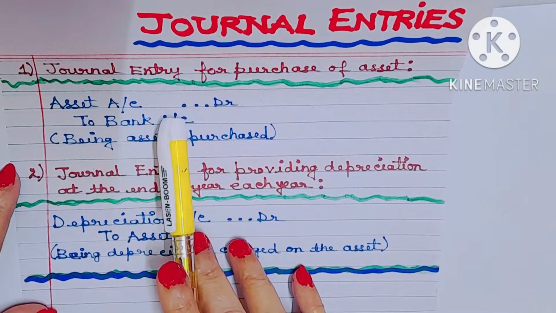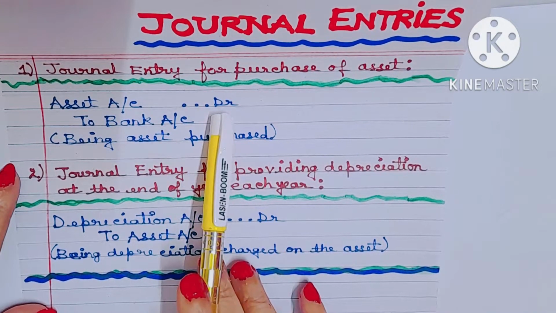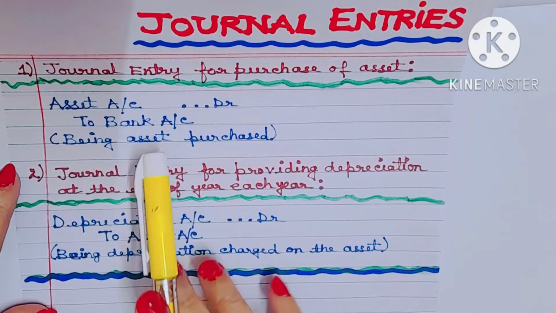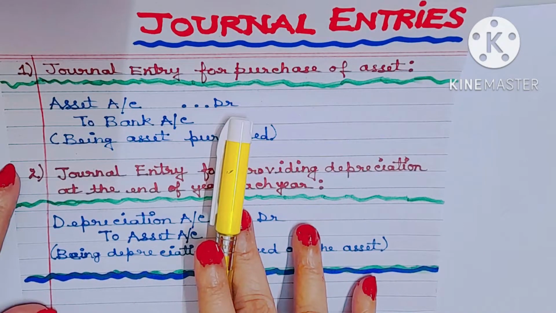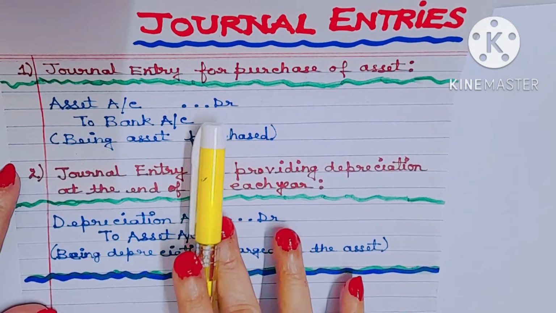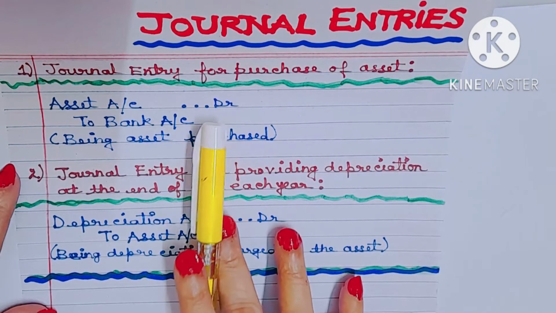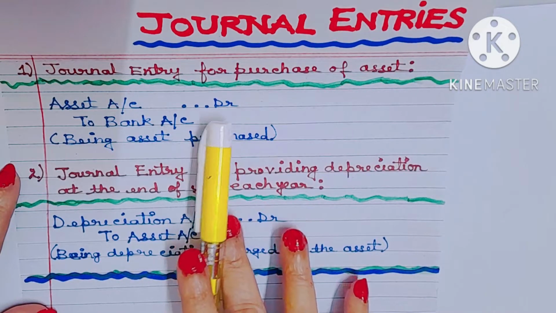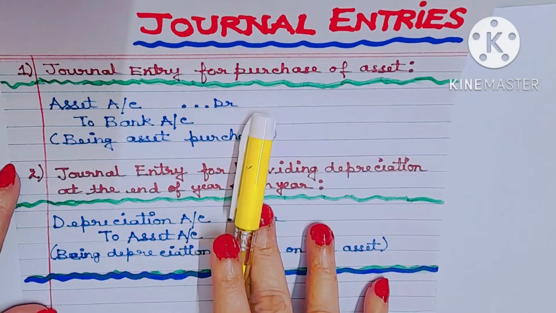Please remember you cannot write asset account to cash account because assets are not purchased in cash. Understood? Because normally business prefer to buy assets through check because they could be shown in the books and depreciation claimed.